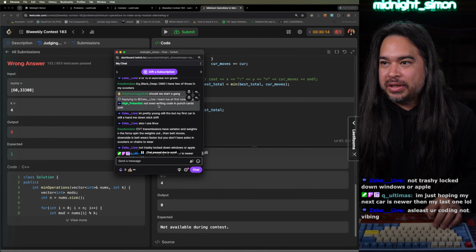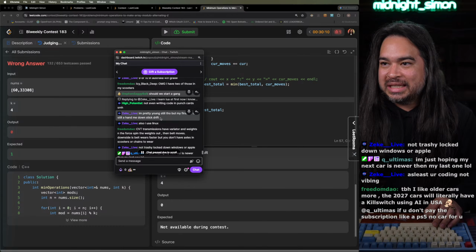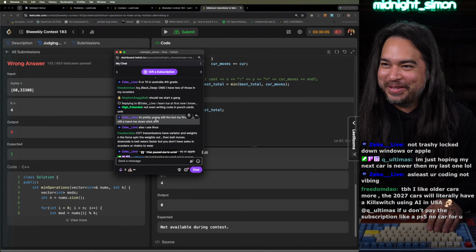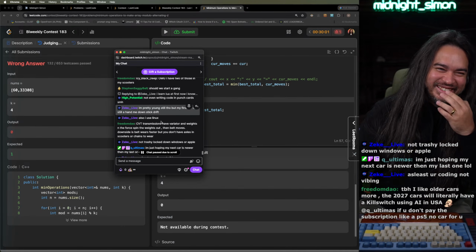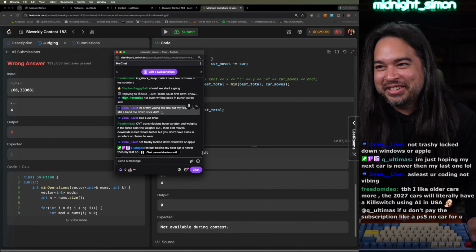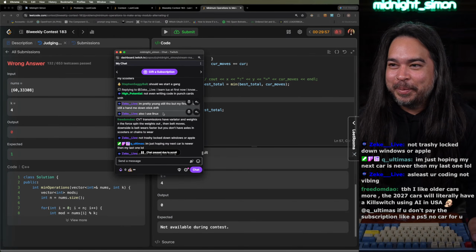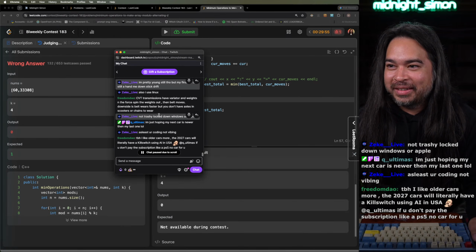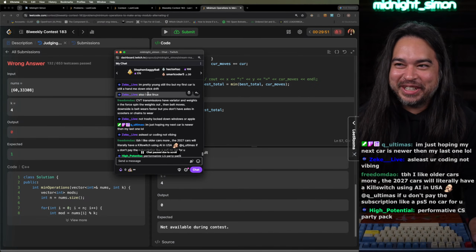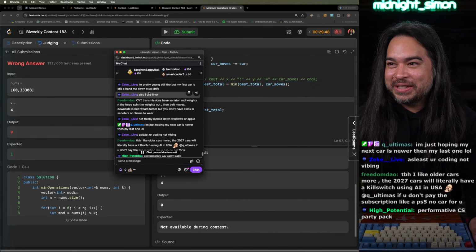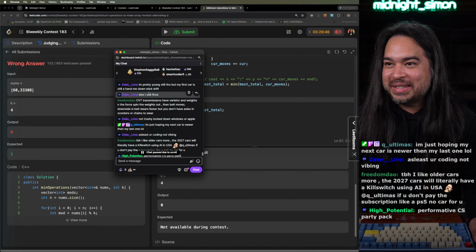I'm pretty young still though, but my first car is still a hand-me-down stick shift. Also, I use Linux. What are you doing, Zeke? What are you doing out here, man? I don't know if you're serious out here. CVT transmissions have variator and weights.